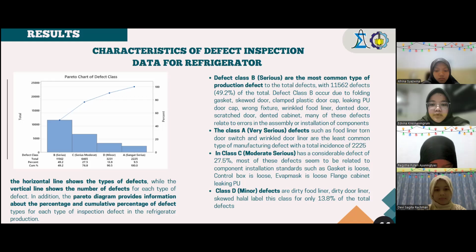Most of the defects seem to be related to component installation standards, such as gasket is loose, control box is loose, effect mask is loose. And the last, class D or minor defects, are dirty foot liner, dirty door liner, scaled halo label. This class is only 13.8% of the total defects.